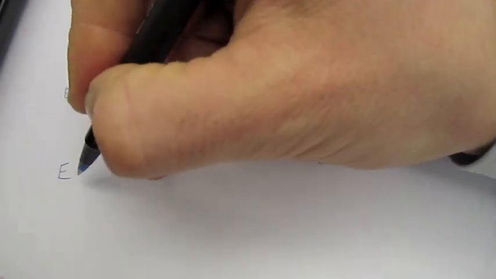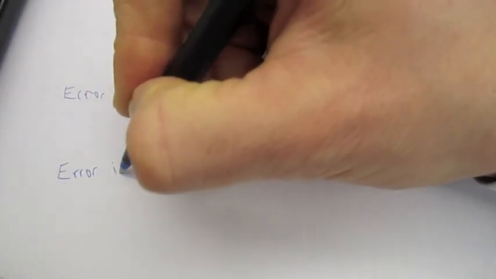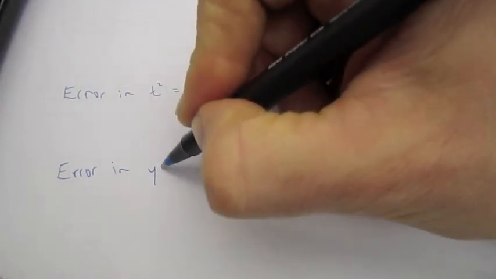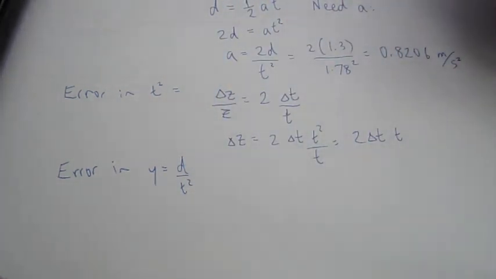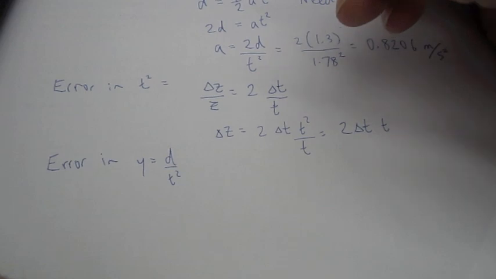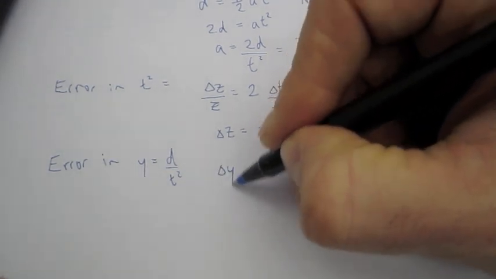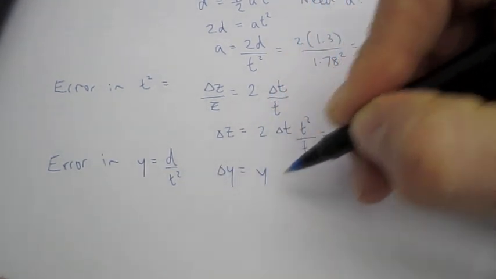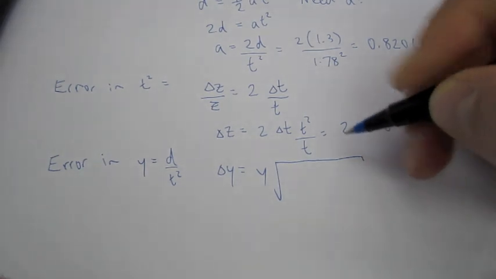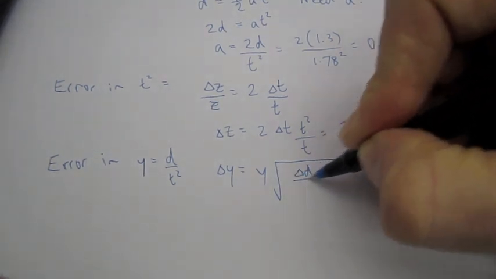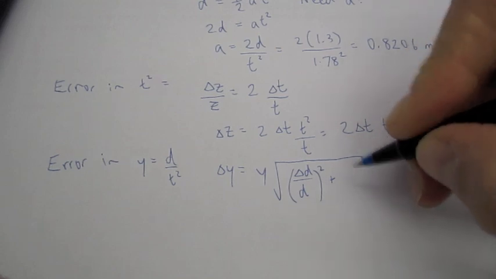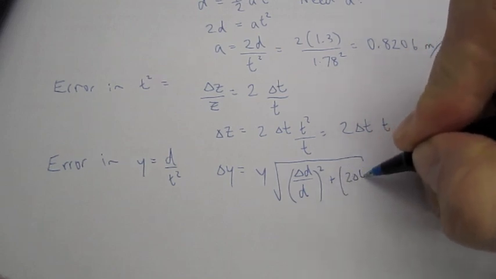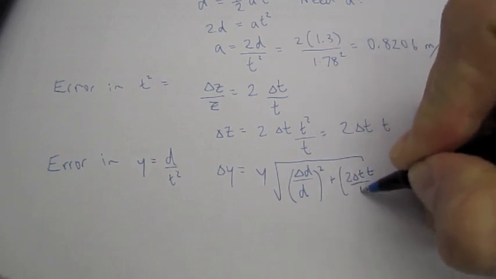The error in, let's call it y, is equal to d over t squared, is found from the product rule. In this case, we're dividing two things. Delta y is equal to y times the square root of delta d over d squared plus 2 delta t times t over t squared.